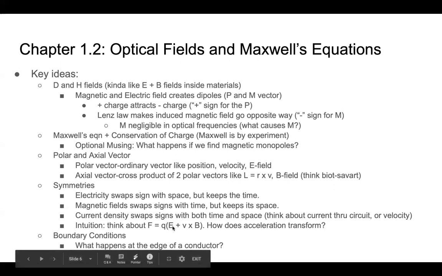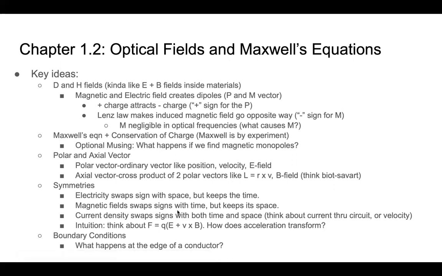You see this E here is directly proportional to the acceleration, so it will transform with the acceleration, versus this magnetic force term, which will transform with the velocity. The acceleration keeps its sign with space, but it changes its sign with time.